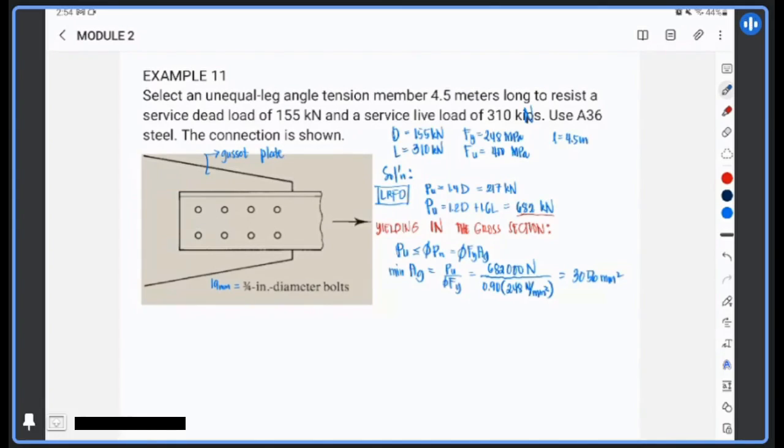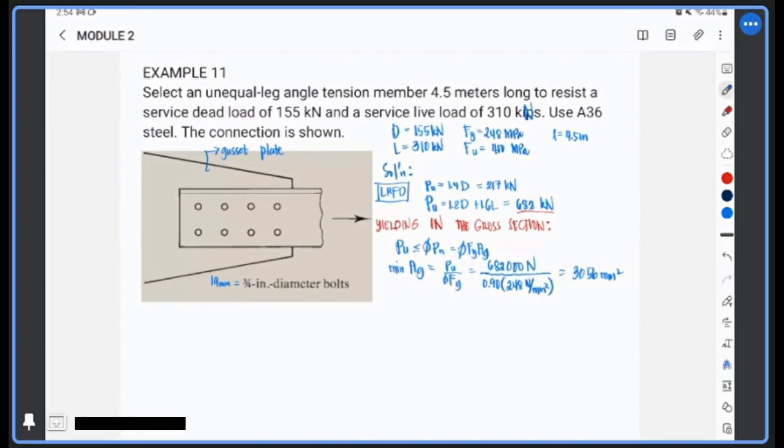Next we consider the stability check, or check for the radius of gyration. My minimum r is greater than or equal to L over 300.